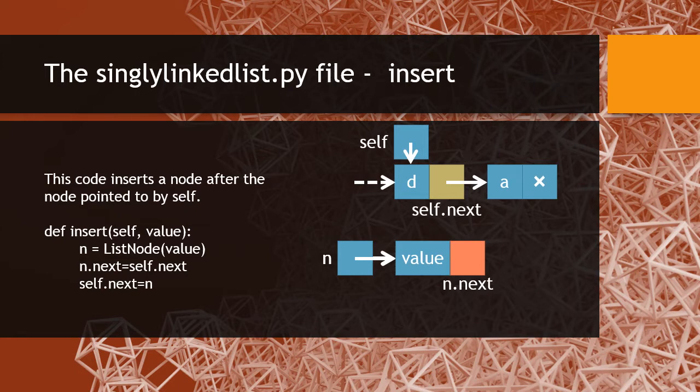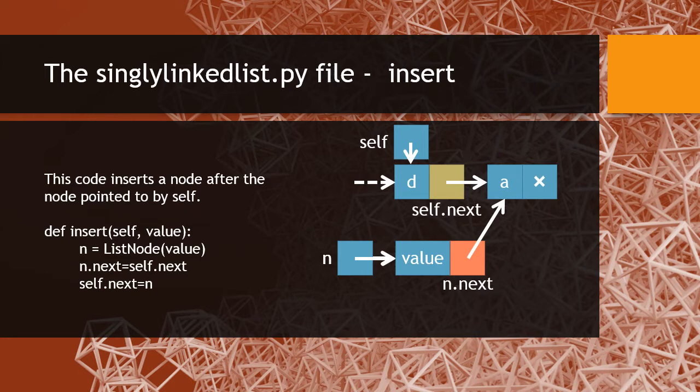Self.next is pointing to the node containing A. Again I repeat, the line says make n.next point to where self.next is pointing. Now n.next and self.next are pointing to the same place or the same node.